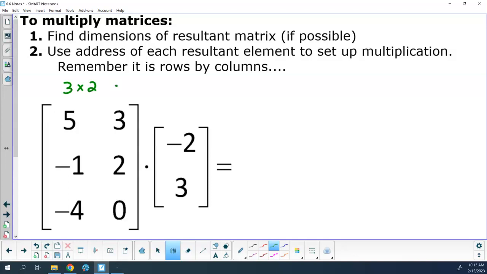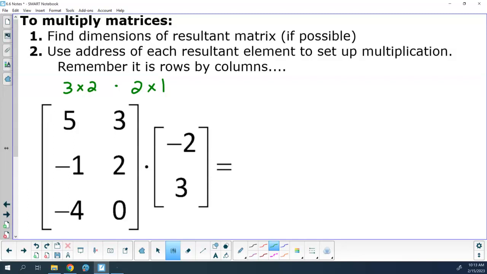What are the dimensions of the right matrix? 2 by 1. Okay? 2 rows, 1 column. Can I multiply those 2 matrices? Yep.